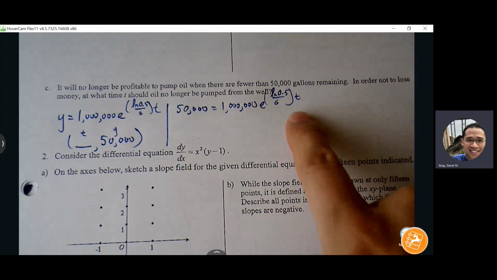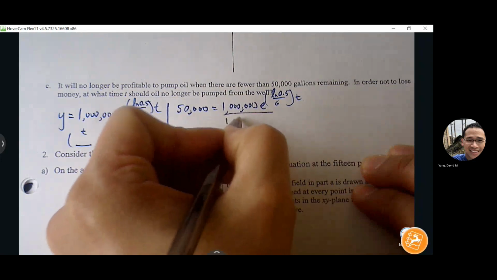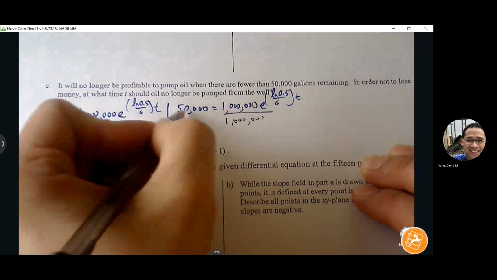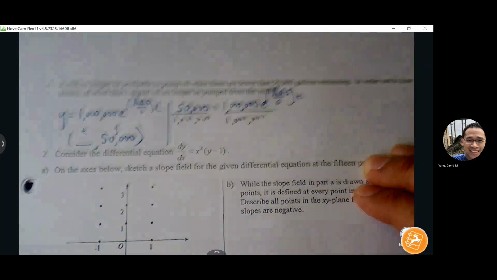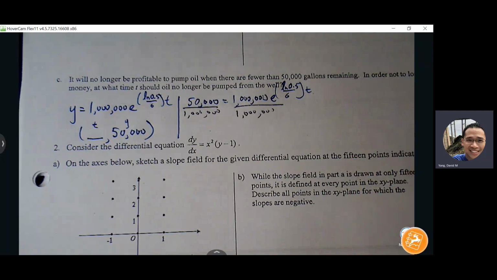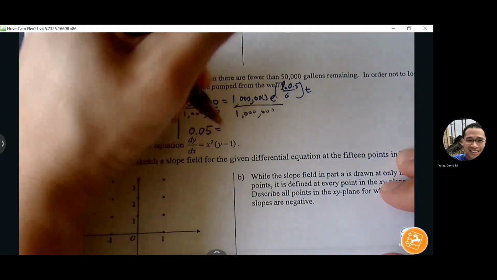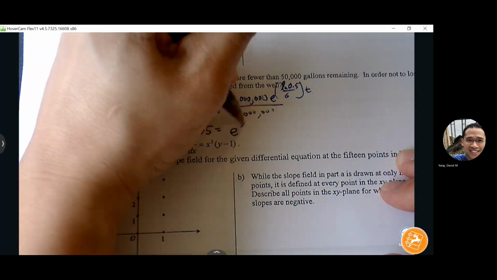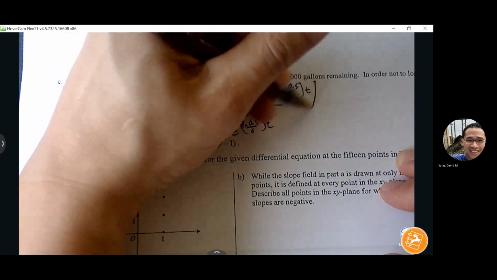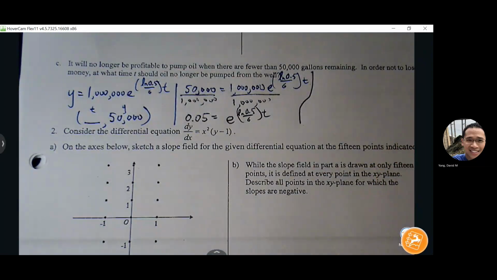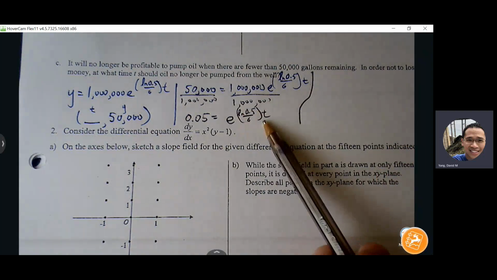Divide both sides by what first? 50,000 divided by a million comes out to be 0.05. I want to solve for t, but t is stuck inside this exponent, so what can I do first?